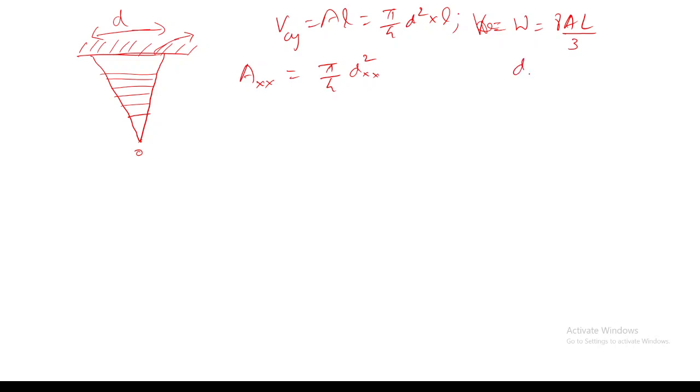Then dxx can be written as d into x divided by L. For example, here x equals 0 and here x equals L, so I can write dxx as d into x by L.